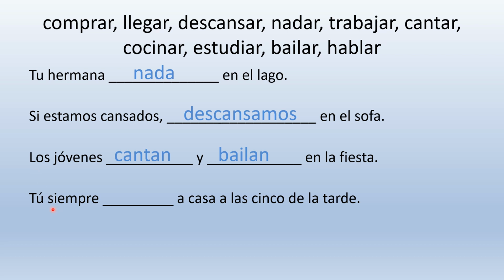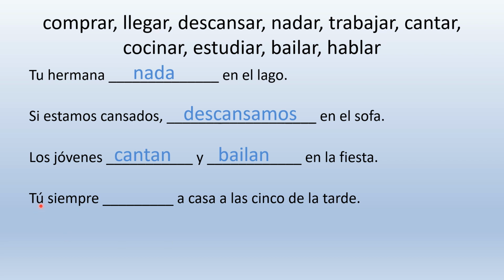Tú siempre, you, informal, always blank a casa a las 5 de la tarde. So a casa, if you are going in the direction of something, means home, like to home, at 5 o'clock in the afternoon or evening.